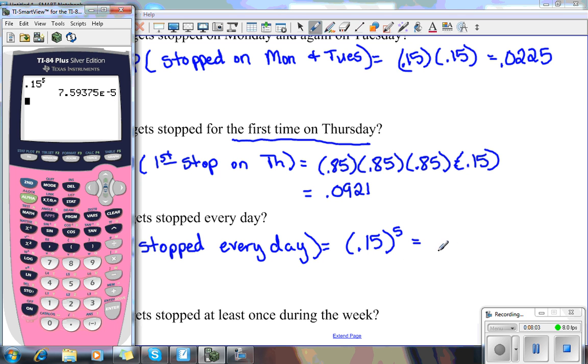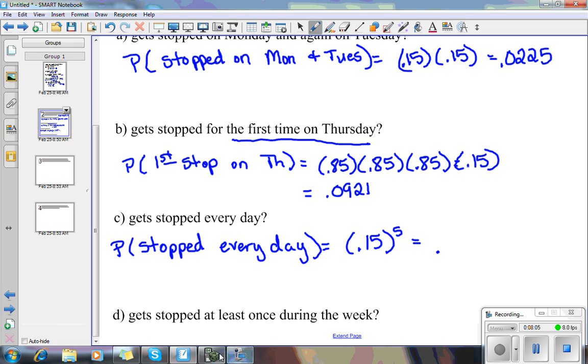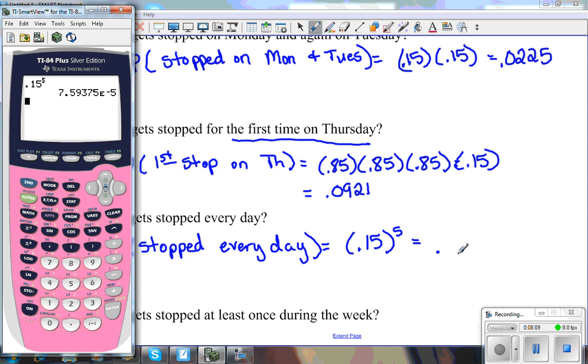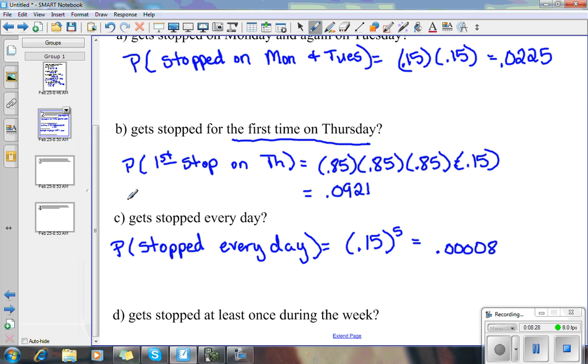So we're going to move the decimal point 5 places to the left. So we end up with 0.0000, and I'm going to round. This is a 5, this goes to an 8. So very slim chance that he would get stopped every day.